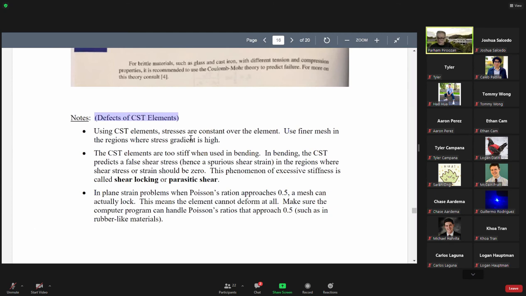Let me review with you. First of all, we need to use a finer mesh. Our mesh was coarse, so we didn't get very good results. One argument is that we should make the mesh finer so we get better results. Second, constant strain triangular elements are too stiff when used in bending.